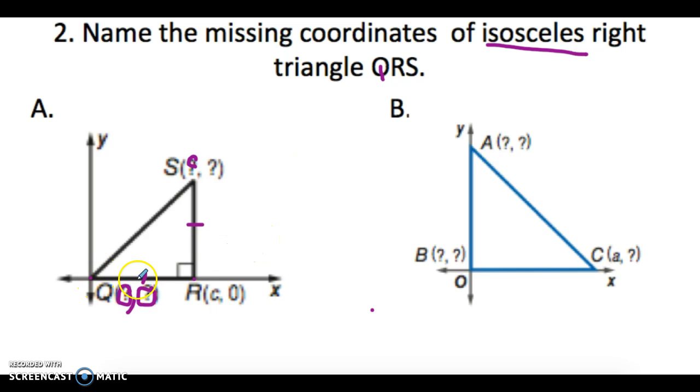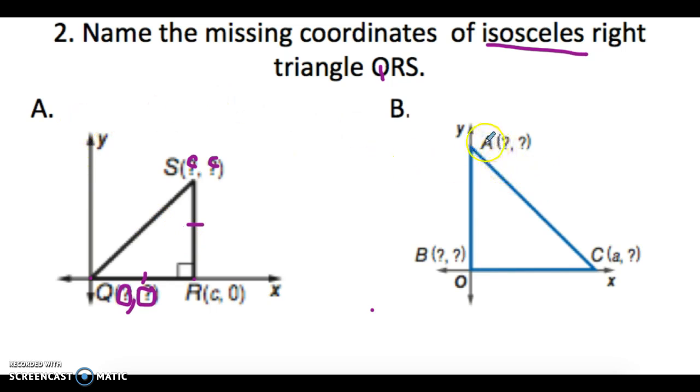Well, if my QR is distance C from the origin, then RS has to be what distance from the origin as well? C. Good job. Okay, so the missing coordinates for triangle QRS were 0, 0, and then S was at C, C because it's an isosceles right triangle.